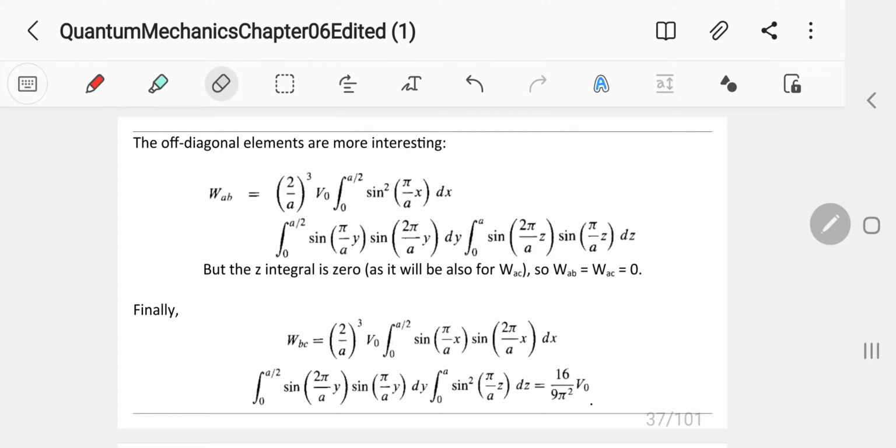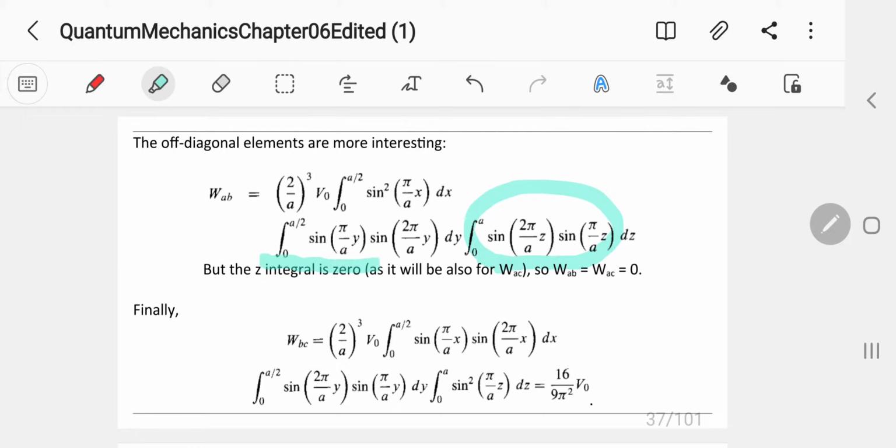So for WAB, we have to deal with phi 112 and phi 121. Here in this case, this one would be orthogonal functions, so they would have to give 0.